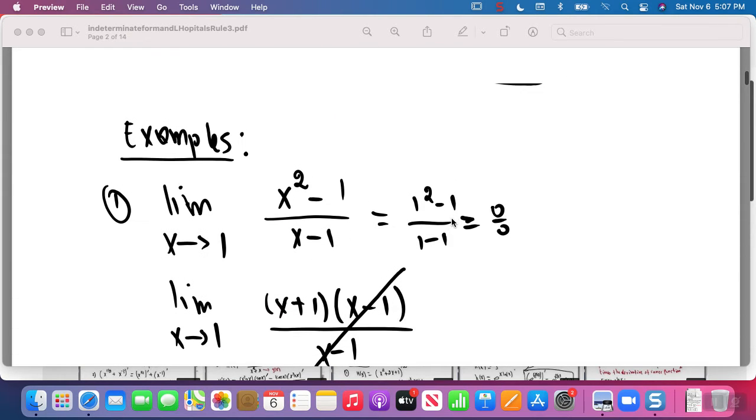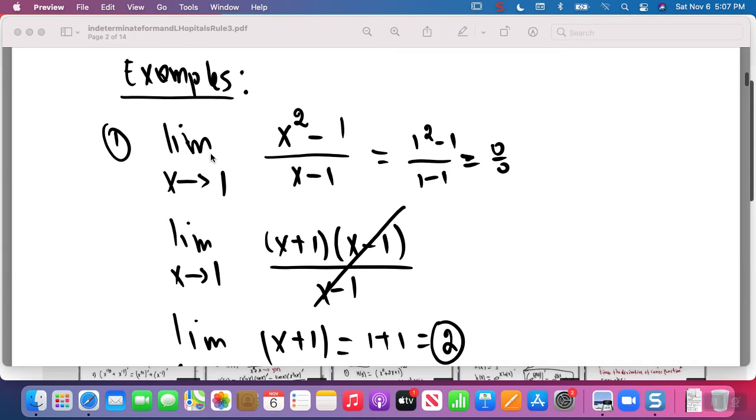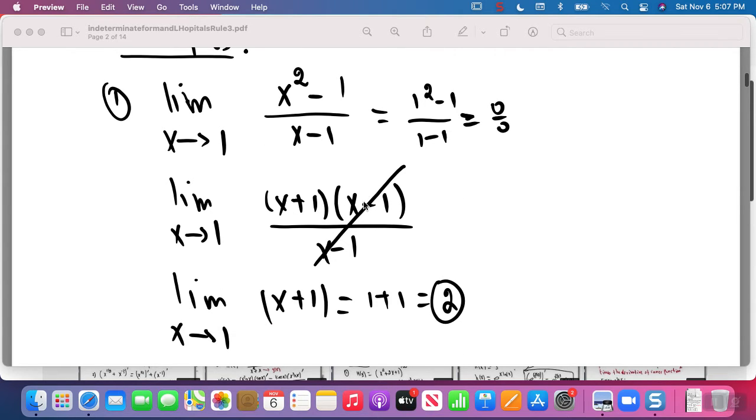For example, take the limit as x approaches 1 of x squared minus 1 divided by x minus 1. First, when you evaluate this expression at x equals 1, you're going to have a 0 over 0. Now, instead of using L'Hopital, let's do it the way we learned in chapter 2.